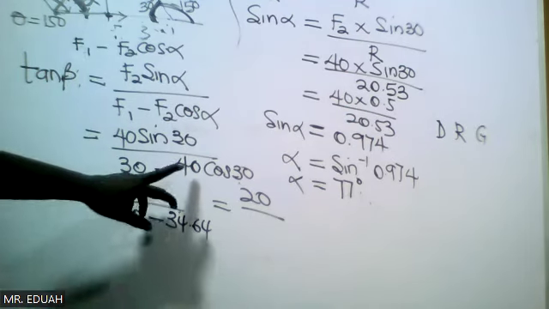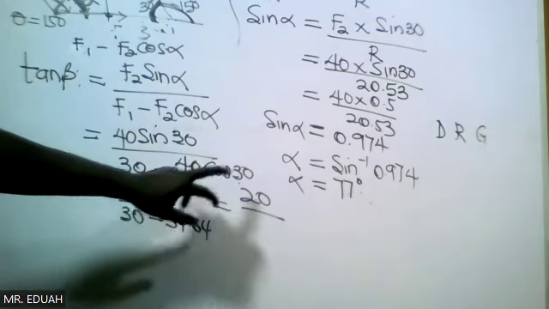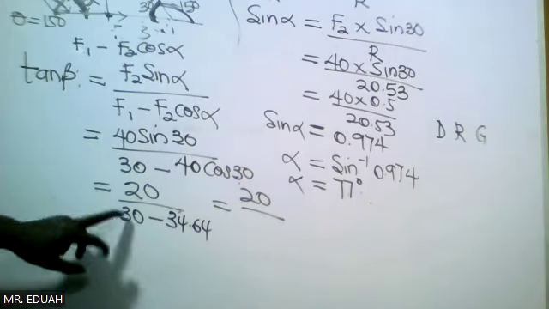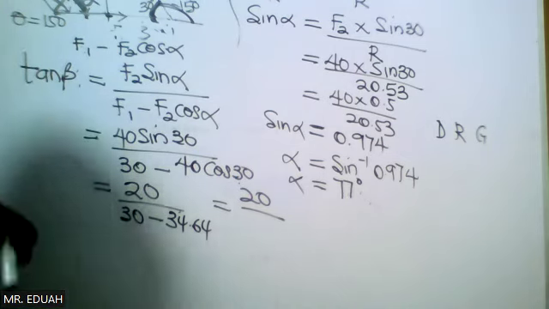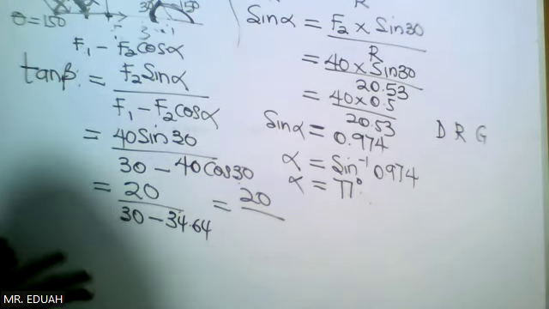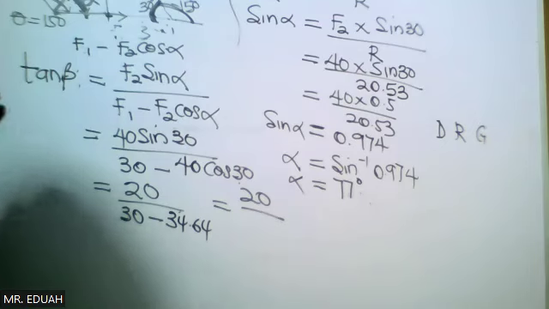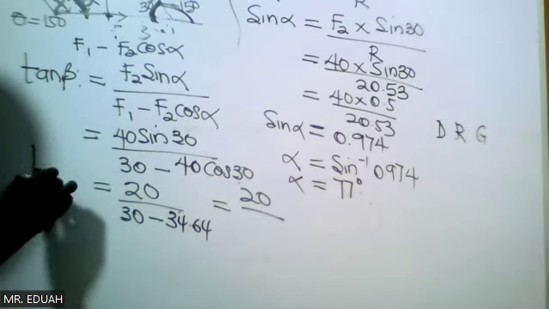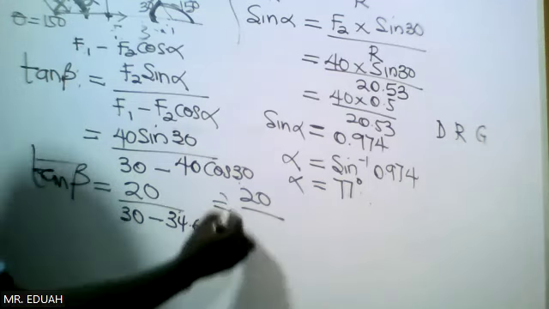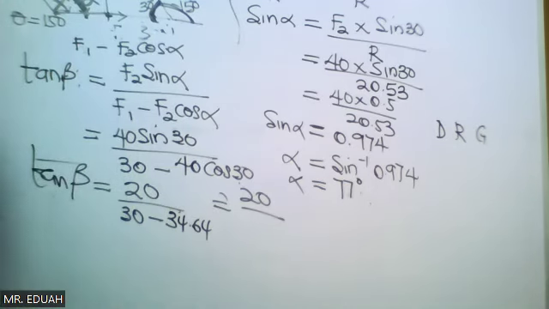Because 40 cos 30 is greater than 30, it will give us a negative. So per the question I crafted, a question I just picked from my mind, this tangent one will not work for the values I picked.